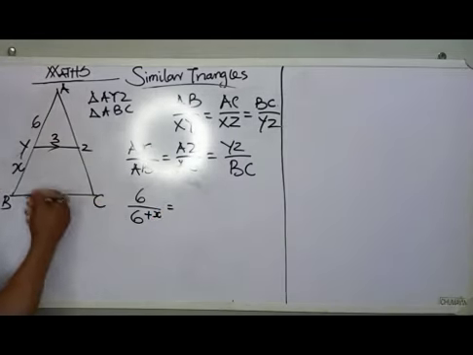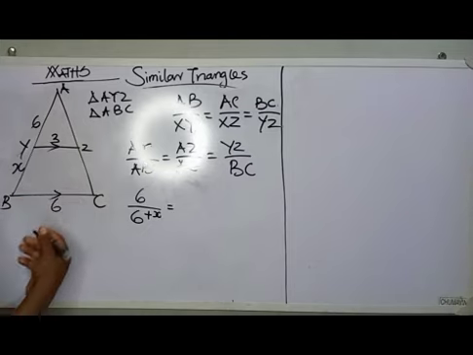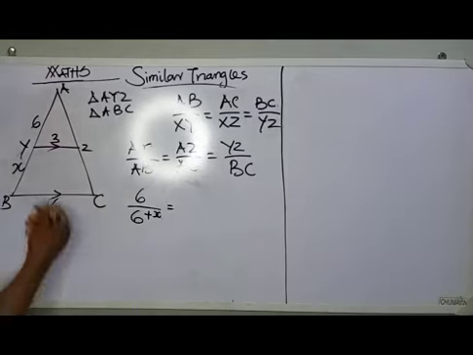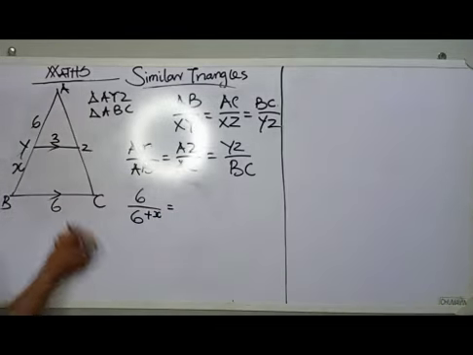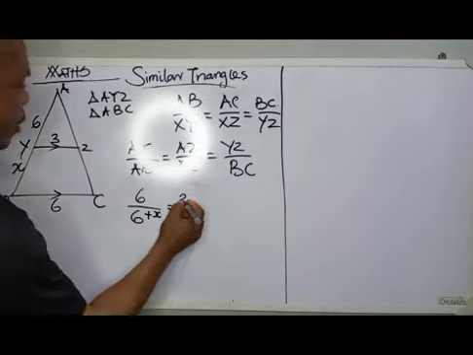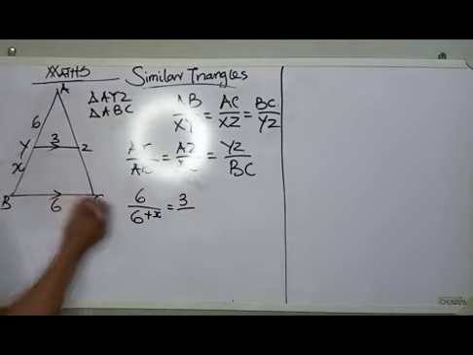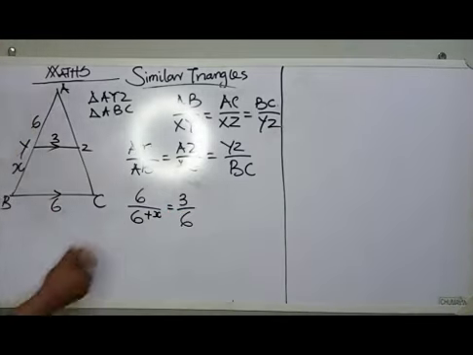Then I'm going to take advantage of a known value in this triangle. The known value I can equate this to is this other side of the triangle. So I can say equals to 3 all over 6. So these are the relative sides I can work with.